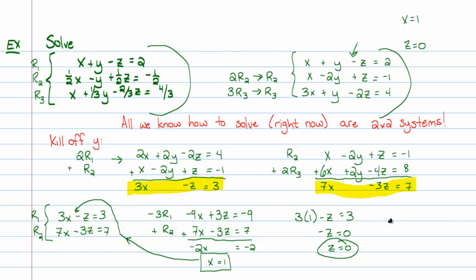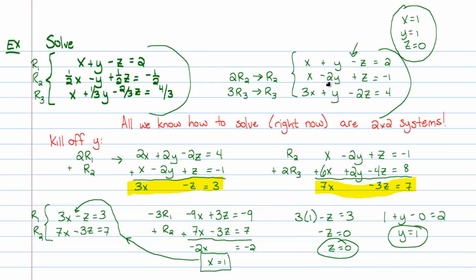So here I go. X was 1 plus, we don't know y, minus z is 0 is supposed to be 2. Subtract 1 from both sides, I get y is equal to 1. I'll circle that up and write it up top. You can always check your answer by plugging those into the original equation or the second set of equations. However, I know that's right, so I'm not going to bother plugging it in.